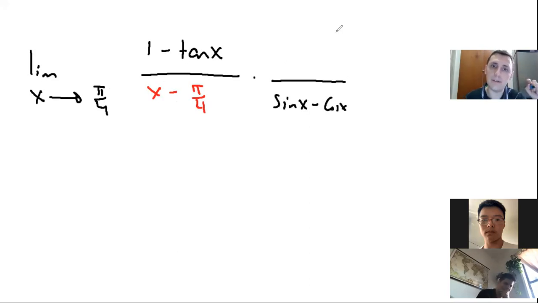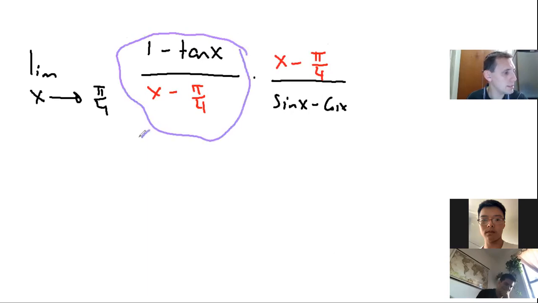Okay, I look at this limit and I instantly see that the answer will be minus 2, because it's 1 minus tangent. It's the negative of the derivative limit.